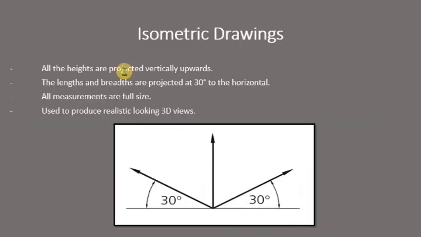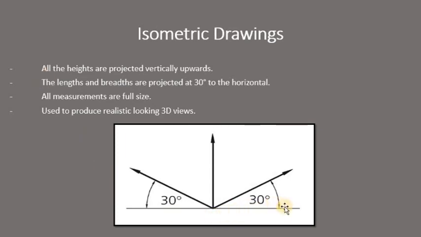Now they may ask you to draw isometric drawings. Now what is this? This is a drawing used to produce a realistic looking three-dimensional view. Now all the heights are projected vertically upwards. The lengths and the breadths are projected at 30 degrees to the horizontal.